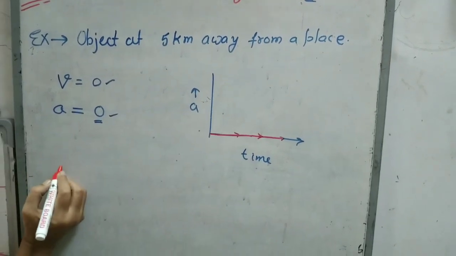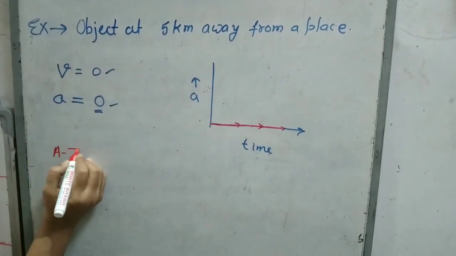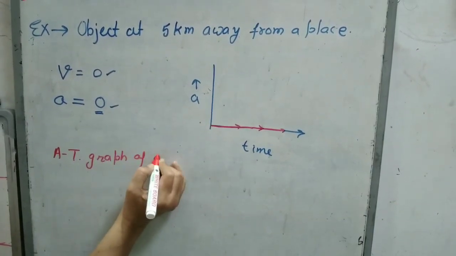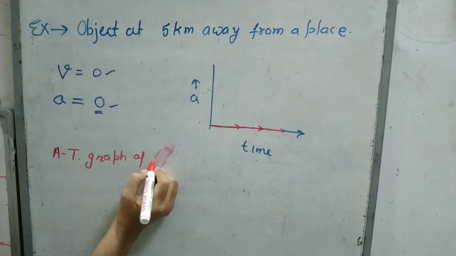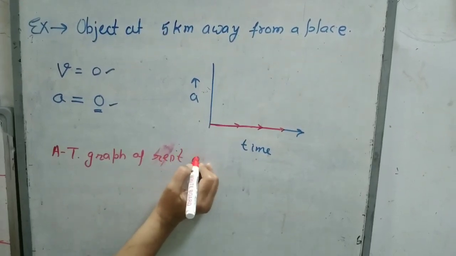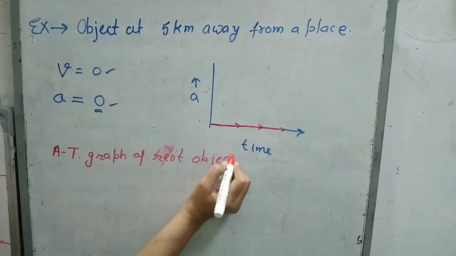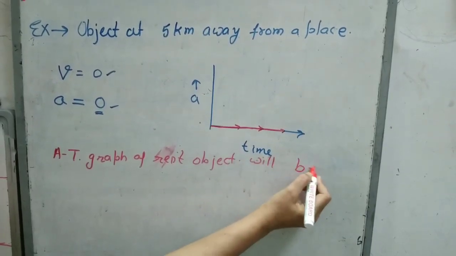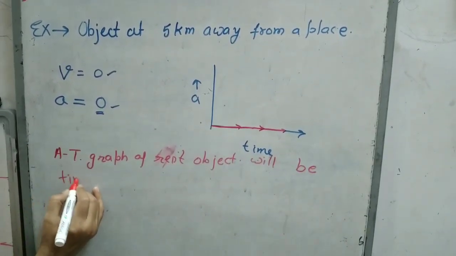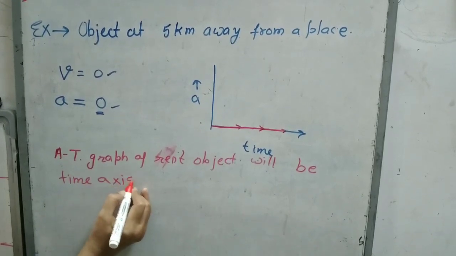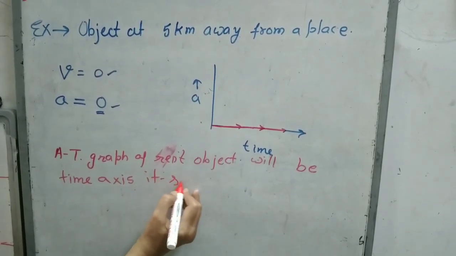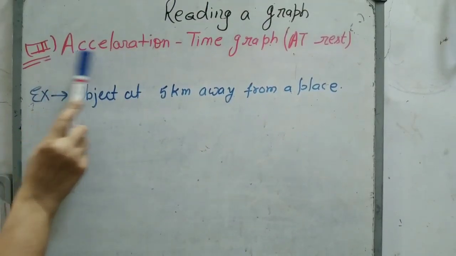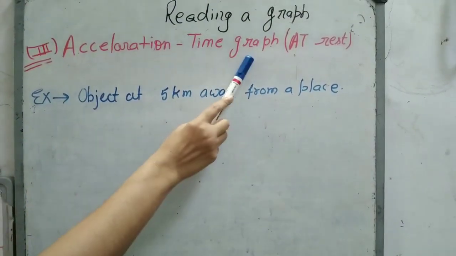So we can write acceleration graph of rest object. We can write rest object will be time axis itself.